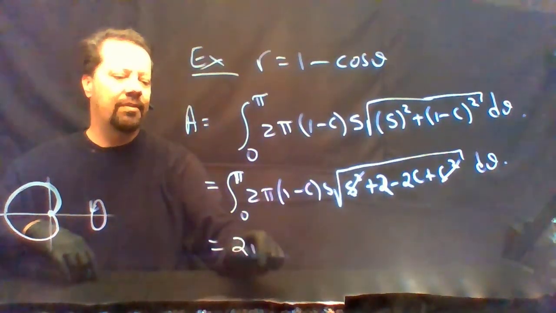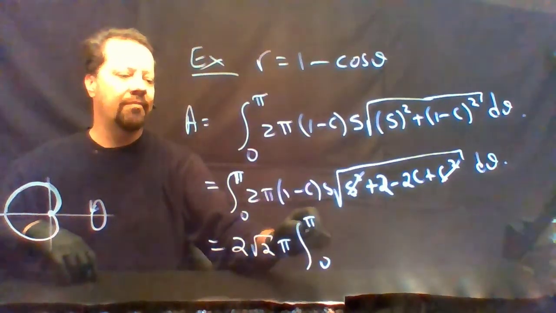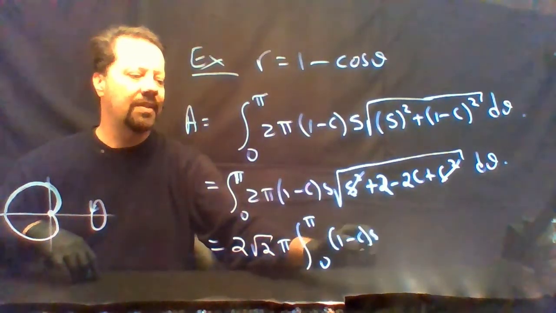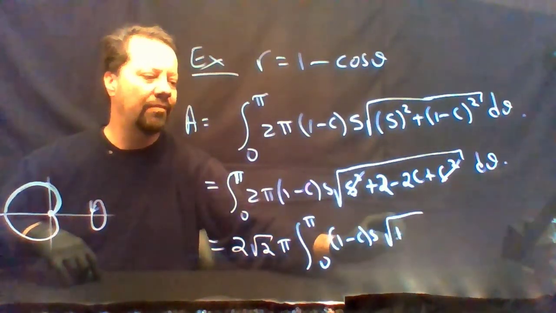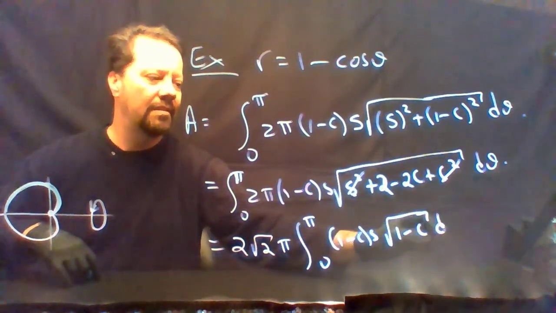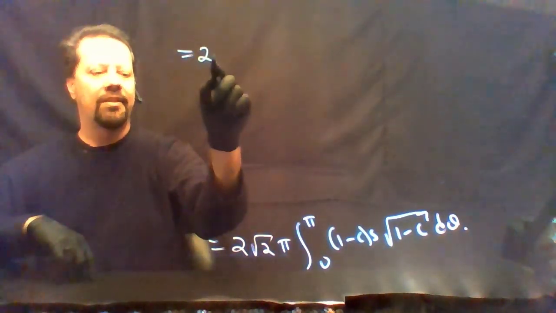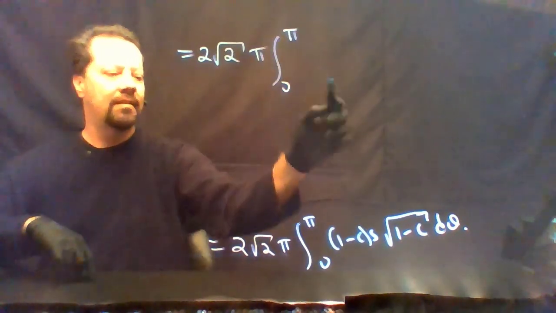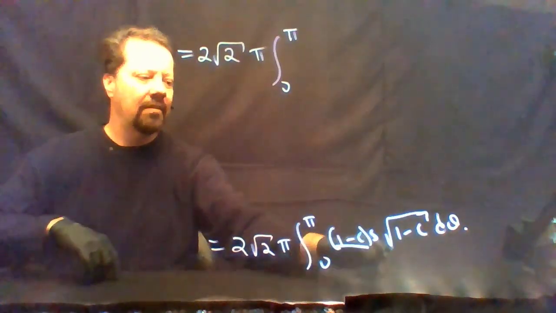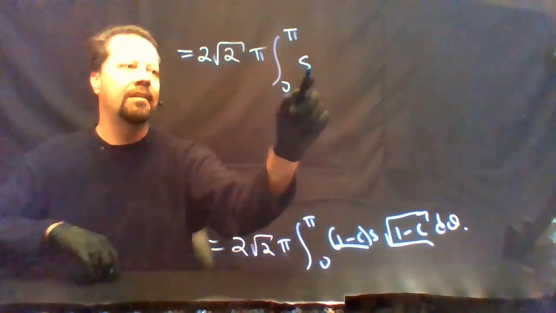We'll have 2 root 2 pi integral from 0 to pi, 1 minus cosine sine. We factored the 2 out, we'll have the square root of 1 minus cosine d theta. We have then 2 root 2 pi integral from 0 to pi. Now, 1 minus cosine and the square root of 1 minus cosine can combine.